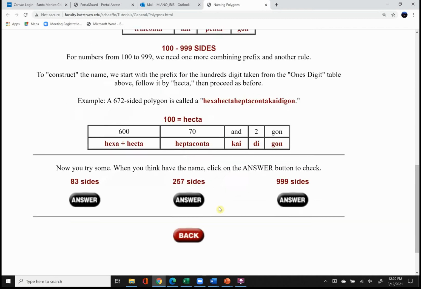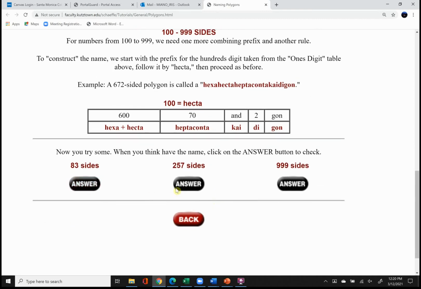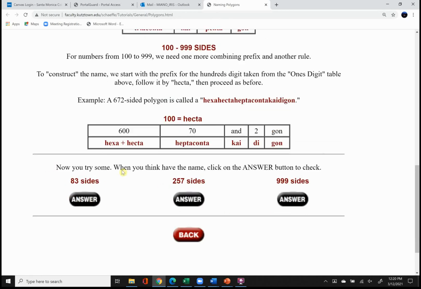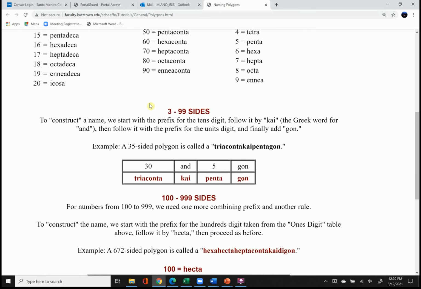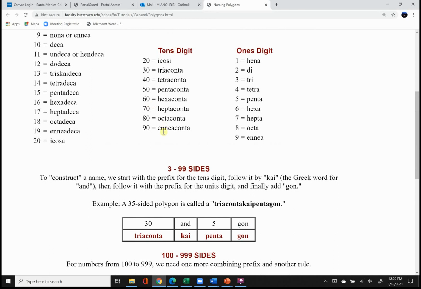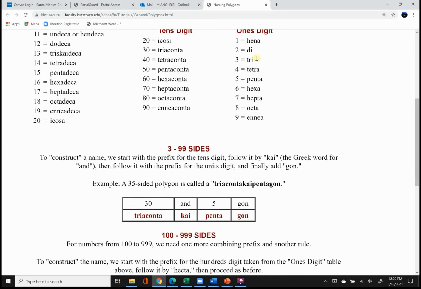So fun, right? And they give you little challenge ones. We'll just do this 83 sides together. So remember, 83 sides. Let's go back up here. If you're 80, you want to look here to the tens digit. That would be octaconta. And if it's 3, the other prefix would be tri.